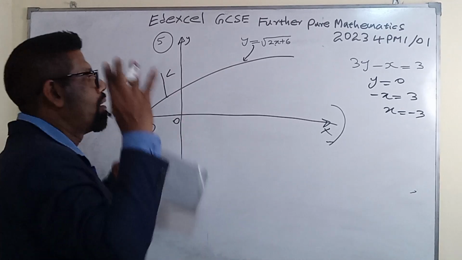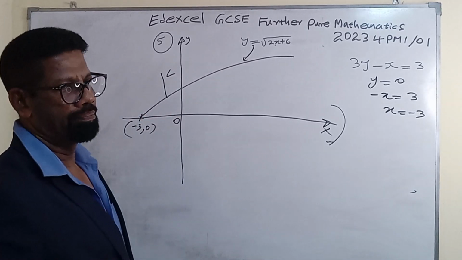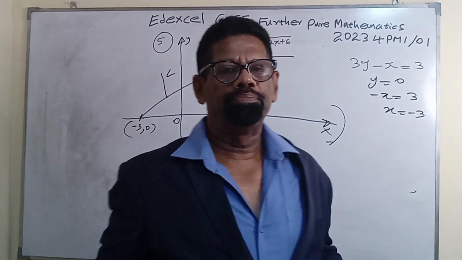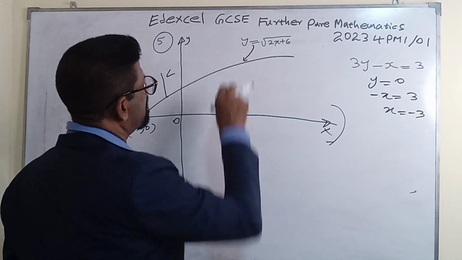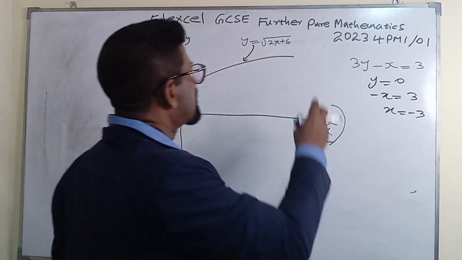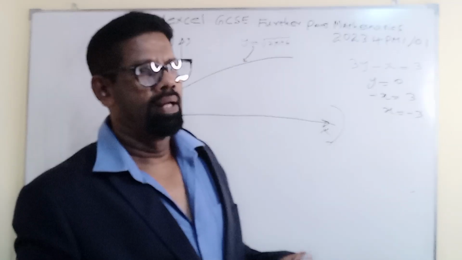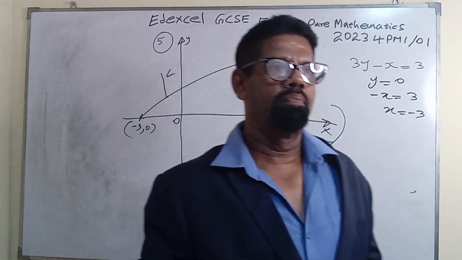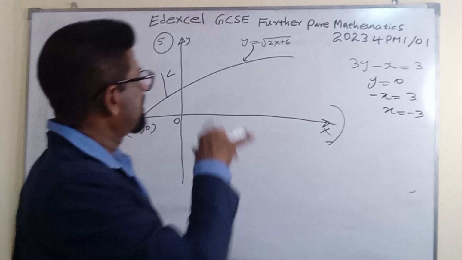Both the curve and the line meet the x-axis at the same point. That's an important one. Then, we have the curve y equals the square root of 2x plus 6 and the straight line 3y minus x equals 3. Simplifying gives a quadratic-type equation, simultaneous, and then you can find both intersection points.